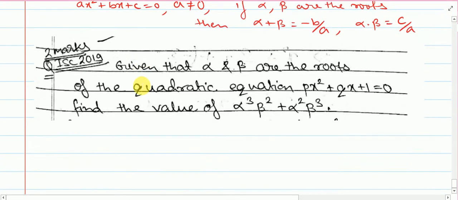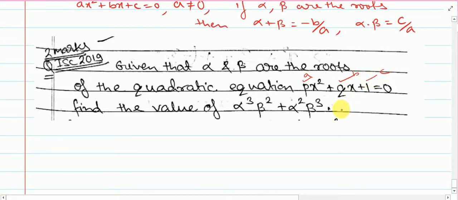So next question, this had come in ISC 2019, and the question says, given that alpha and beta are the roots of the quadratic equation px² + qx + 1 = 0. So this is the quadratic equation, and roots are alpha and beta, and here you can see that p is your a, q is your b, and +1 is your c.